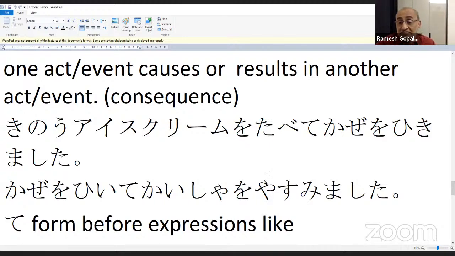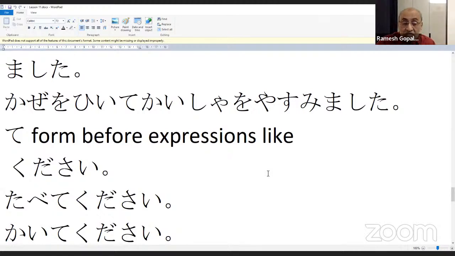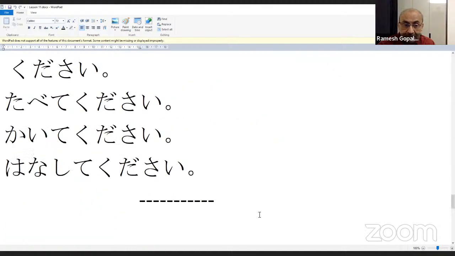So the verb is in te form. So tabete kudasai means please eat. What is kudasai? Kudasai means please. Kaite kudasai, please write. Hanashite kudasai, please speak.